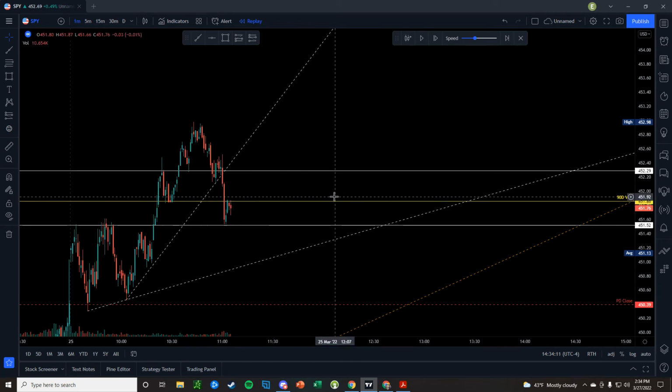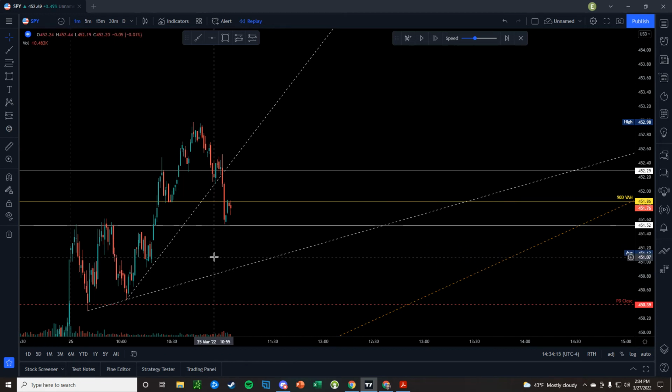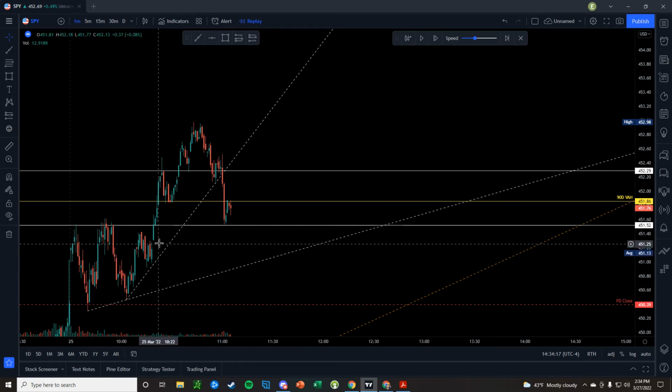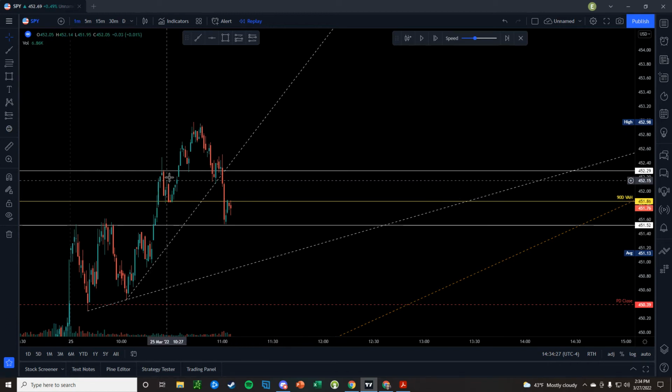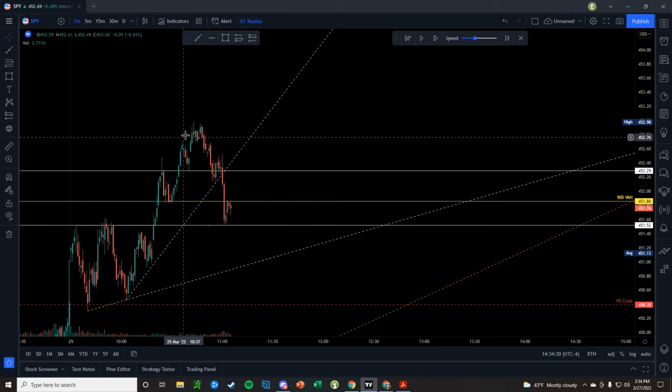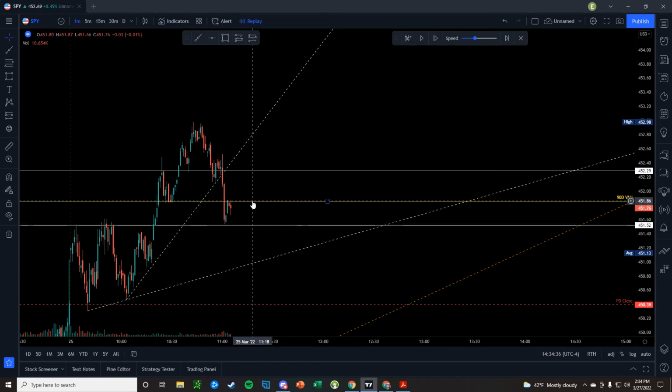So what do we know about brackets and trends? Well, we know that a bracket will continue to build upon itself until it tests and breaks, and then it tends to retest itself and make sure that it was in fact a good break. Well, we broke through that value high, we tested price action, we broke the upward trend structure through sideways activity, and then we broke the value high.